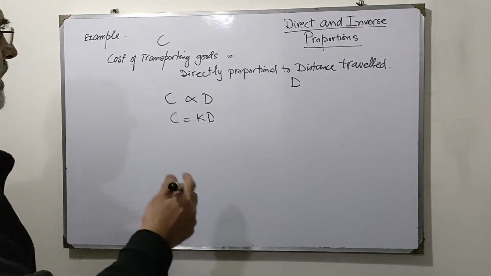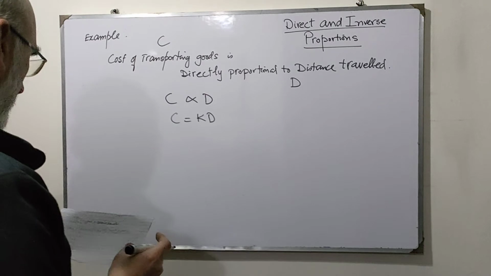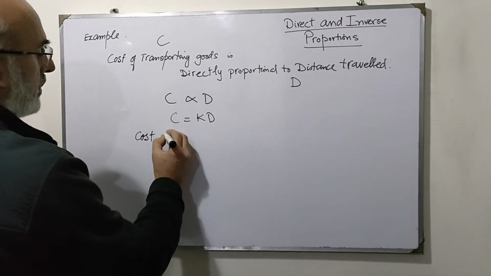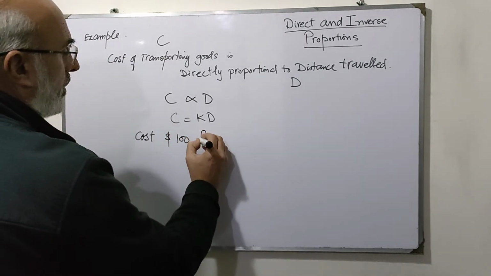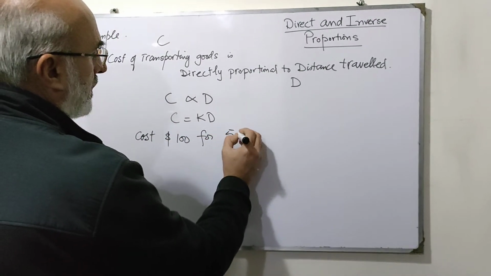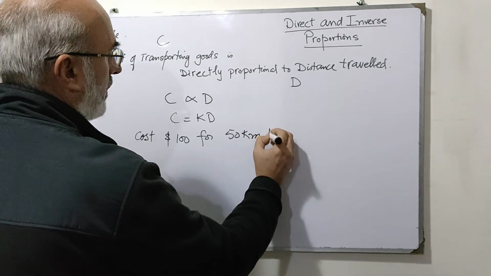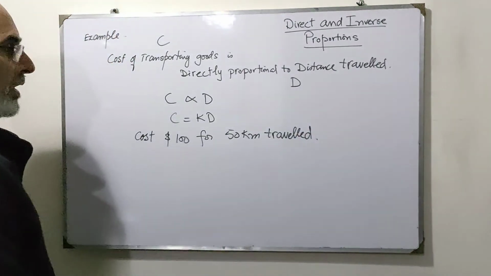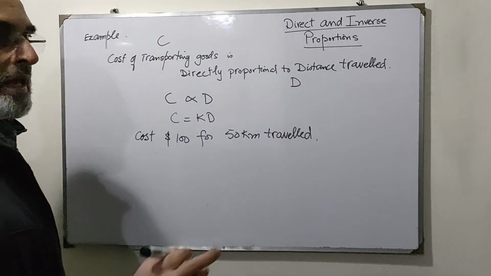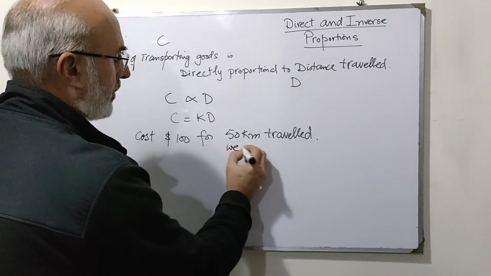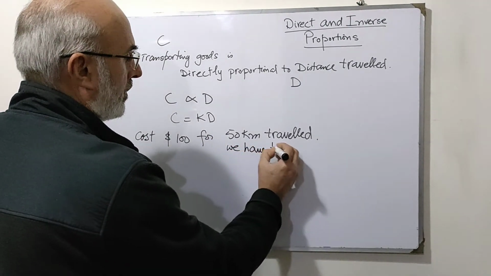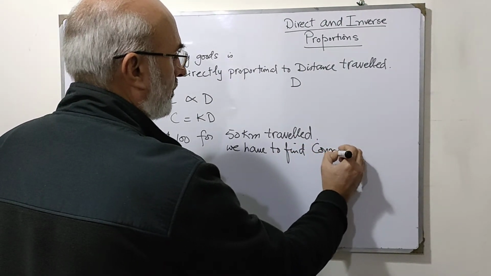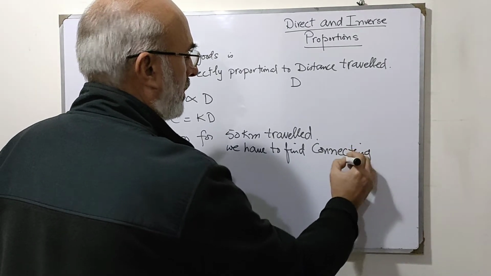Okay, so suppose we have the cost is $100 for 50 kilometers traveled, and we have to find the connecting equation.